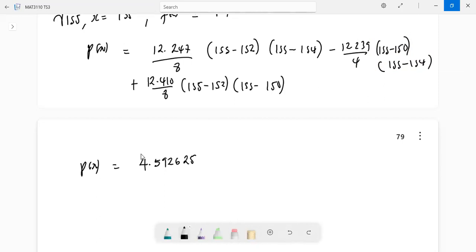So this gives me a negative 15.29875. Okay, now let's try the last one. 12.410 over 8 times 155 minus 152 times 155 minus 150. This gives me about 23.26875.